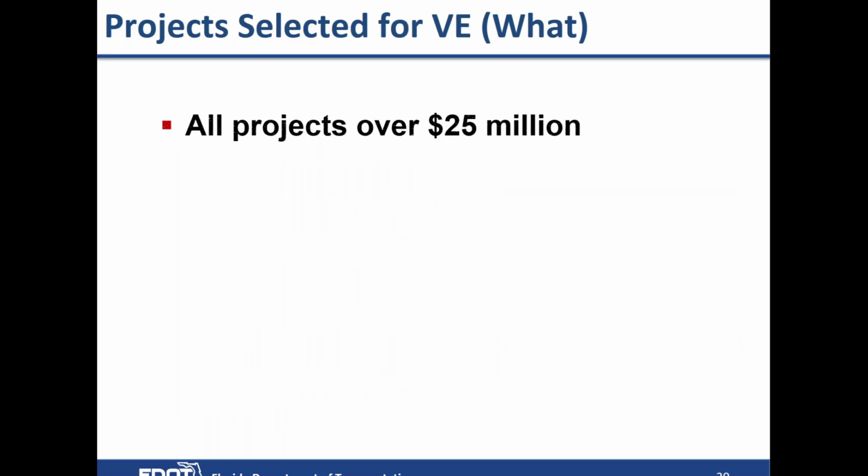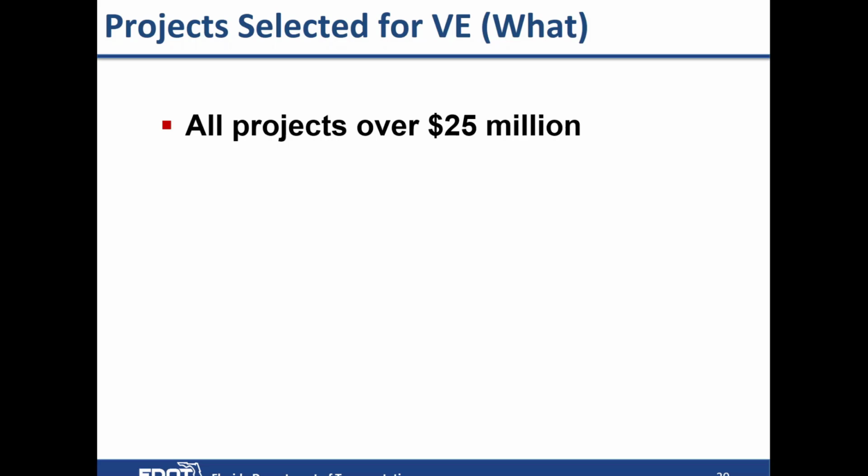What projects are selected? And I already talked about some of these, but as the federal highway requires, any project over 50 million or bridge projects over 40 million or federal aid projects on the national highway system, the department requirement is we study any project over 25 million.